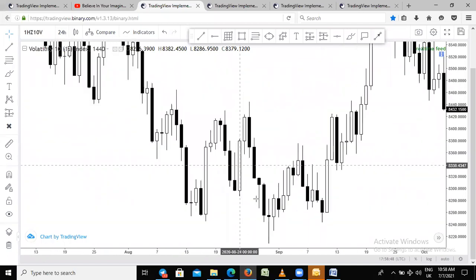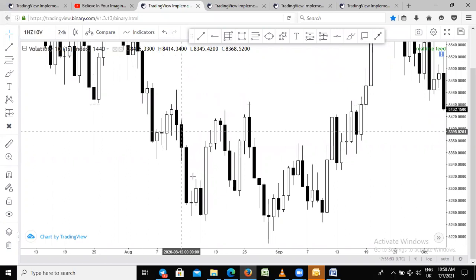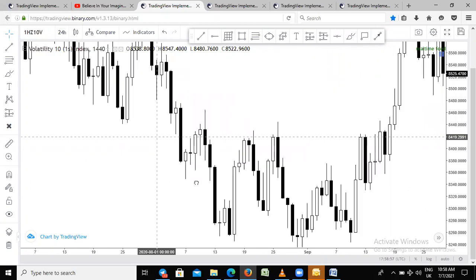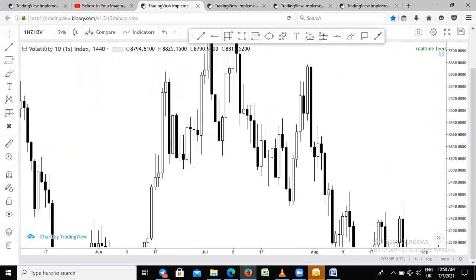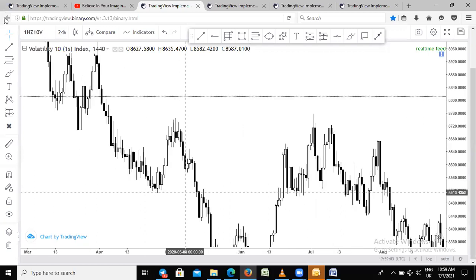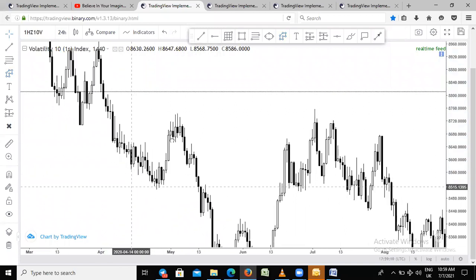So this actually gives us our confirmation. This was lower high, lower low, lower high, and then the lower low. So let's check for more bearish markets. Now look at this. We can call this lower low, lower high, right? Now let's validate this.